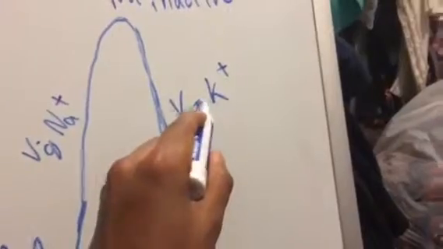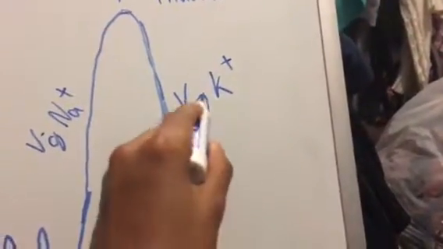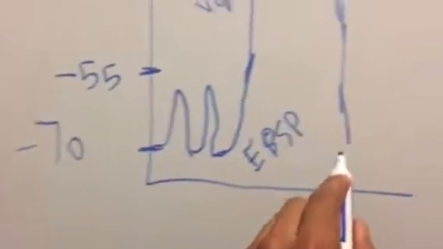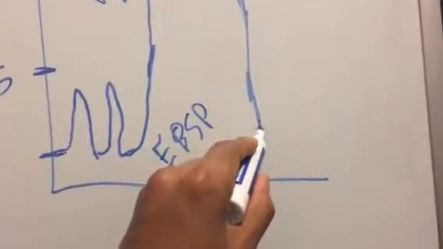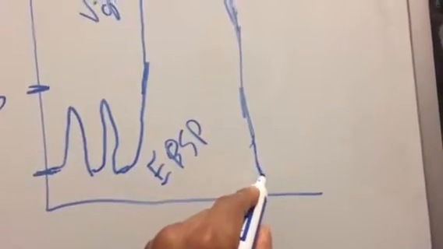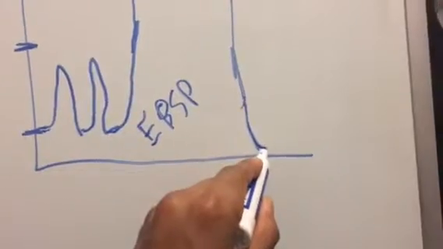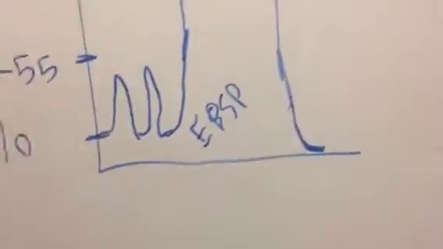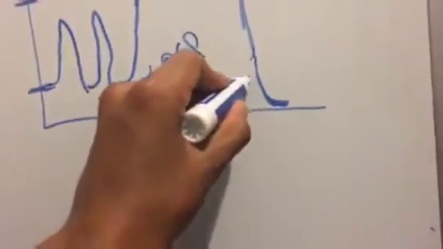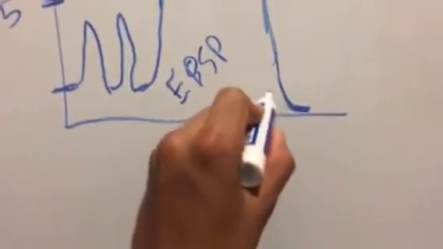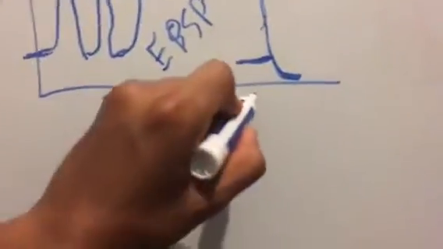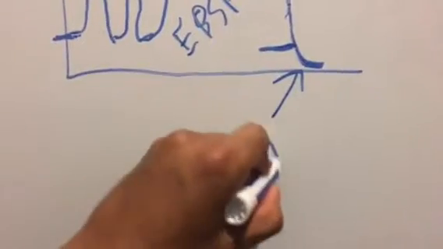However, once we close these guys, they don't respond very well. So even though they're supposed to be closed at negative 70, they actually take a while to close. So potassium keeps getting kicked out, and it actually goes down to about negative 90. So this portion where it's less than negative 70, this is called hyperpolarization.